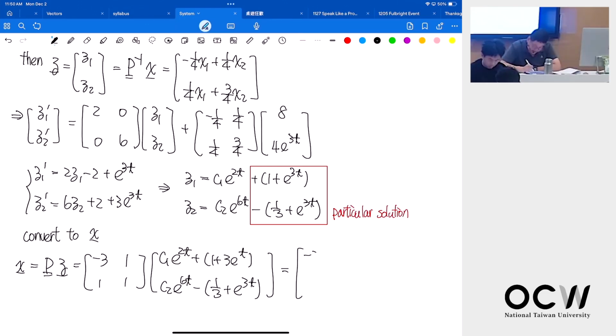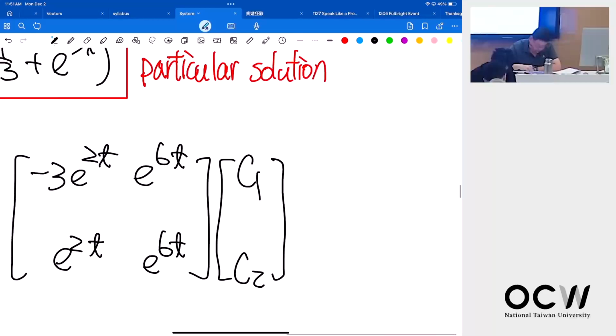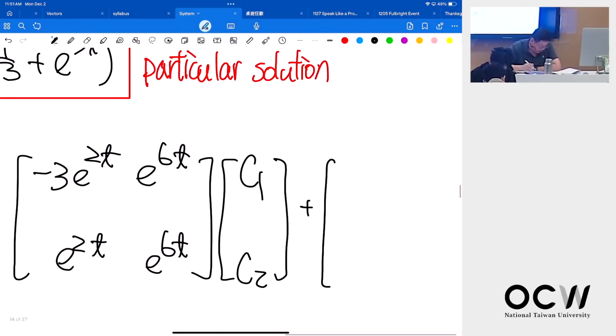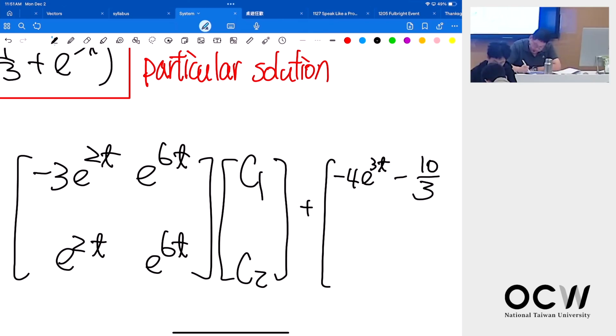Then you get here my particular solution, minus 4 e to the 3t, minus 10 over 3, and here's 2 over 3.